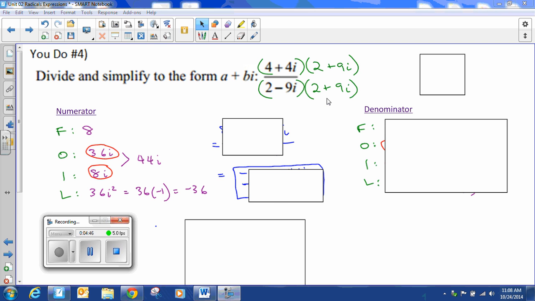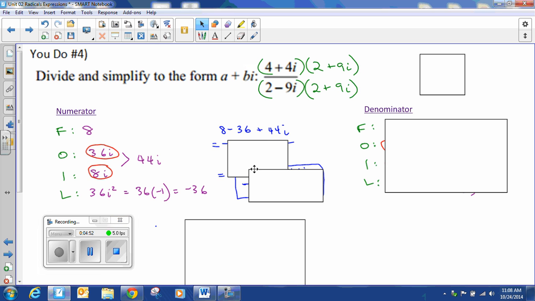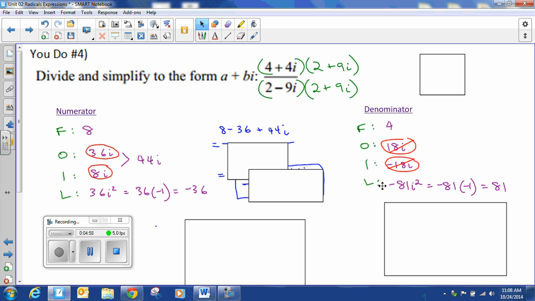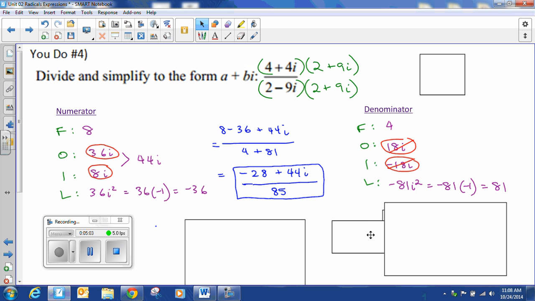We multiply by the conjugate, 2 plus 9i. This is the FOIL part for the numerator. We end up with 8 minus 36 plus 44i. The denominator gives us 85. Putting it all together, we have negative 28 plus 44i all over 85.